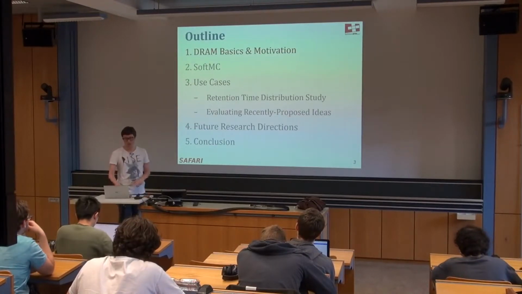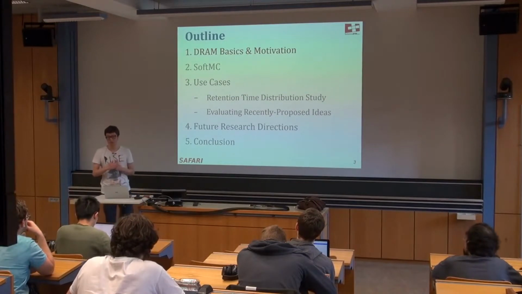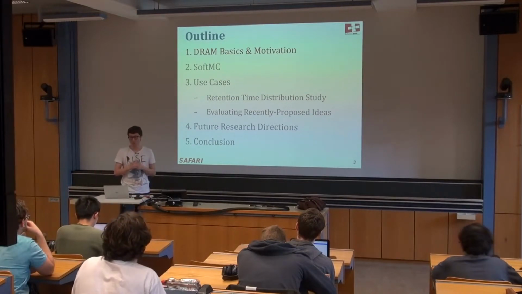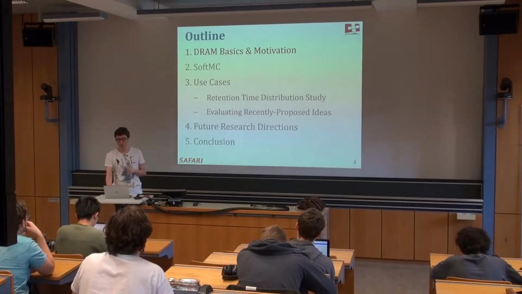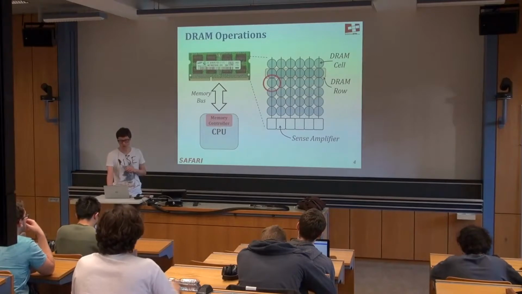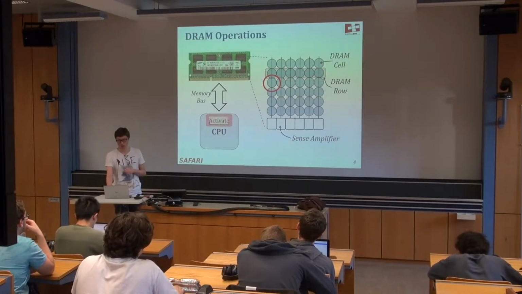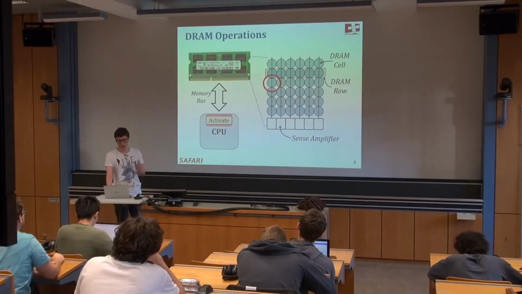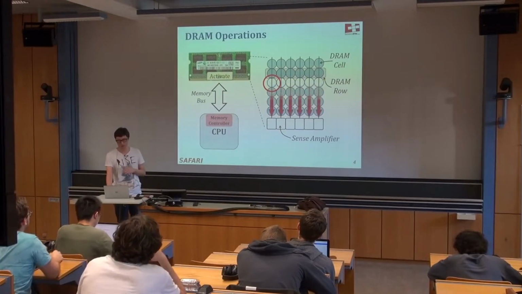Okay, since I just presented those DRAM basics and motivations in the previous slides, I will go very quickly over those because there are slight differences that I want to emphasize. Here we assume that we want to access this cell over here. The same thing happens.